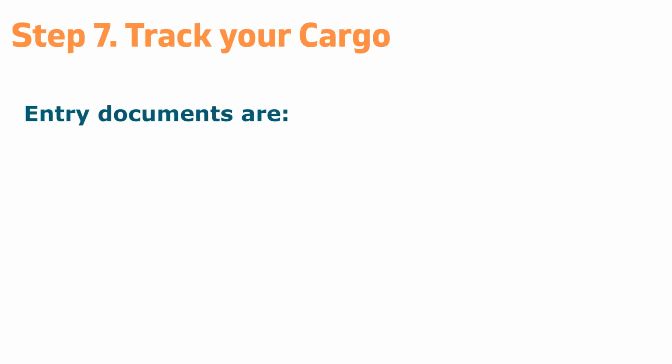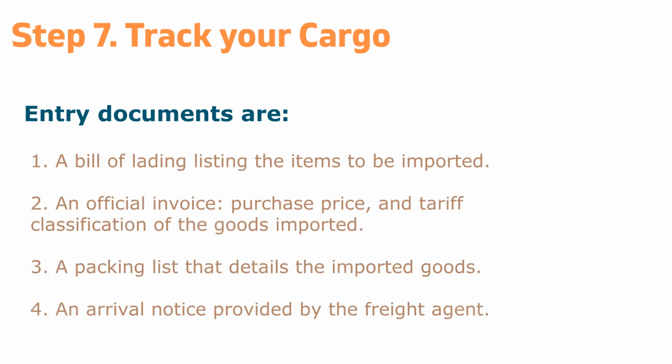After this, the next step is to track your cargo and get prepared for arrival. Normally, you will be notified via an arrival notice within 5 days or less of port arrival. When a shipment reaches the US, the importer of record will file entry documents for the goods with the port director at the goods' port of entry.